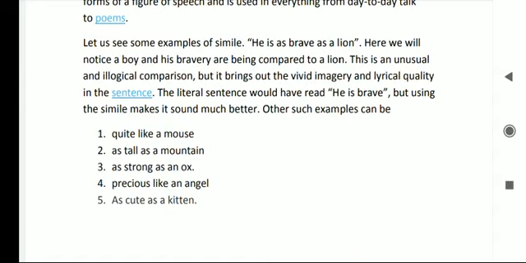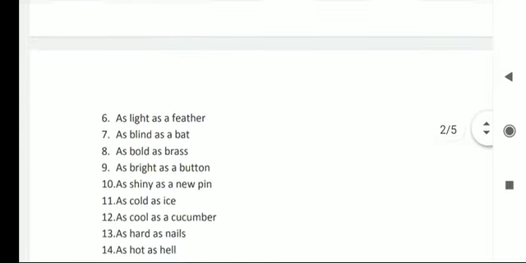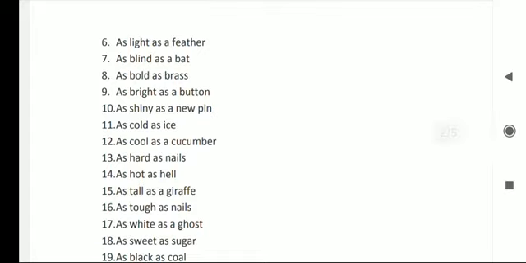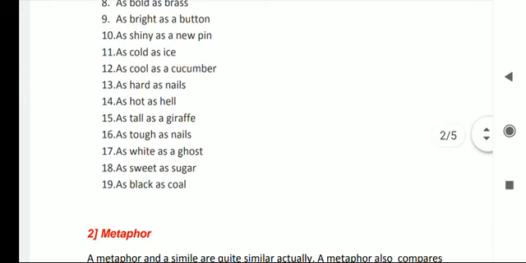Precious like an angel, as cute as a kitten, as light as a feather, as blind as a bat, as bold as brass, as bright as a button, as shiny as a new pin, as cold as ice, as cool as a cucumber, as hard as nails, as hot as hell, as tall as a giraffe, as tough as nails, as white as a ghost, as sweet as sugar, as black as coal.